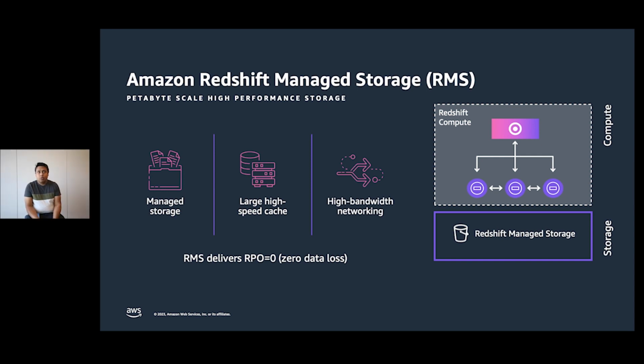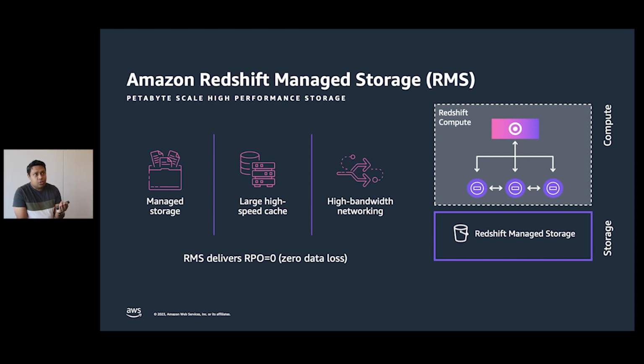RA3 instances also feature high bandwidth networking that reduces the time for data to be offloaded and retrieved from S3. So now you pay the same low prices for SSD and S3 storage, and you can scale storage capacity of your data warehouse without adding and paying for additional instances.